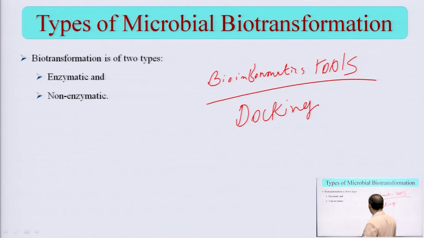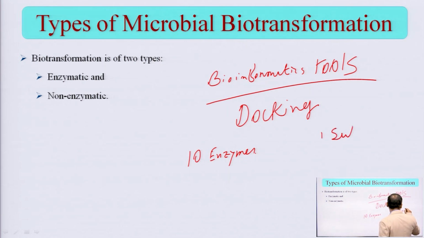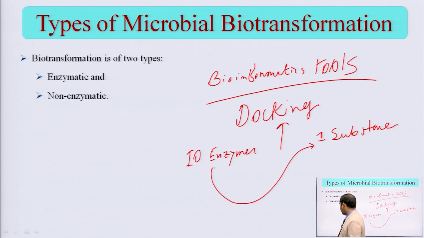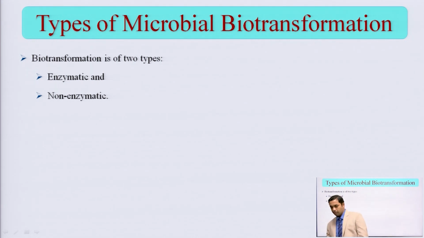If you have 10 different kinds of enzymes and you have one substance and you want to check which enzyme will fit very nicely with that particular substance, you can do molecular docking. It will give you the result and tell you which enzyme can be used. Right now, scientists are doing this kind of activity.